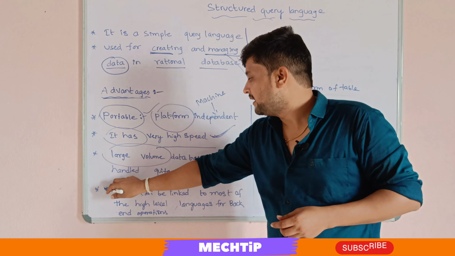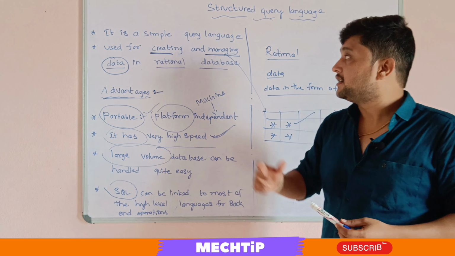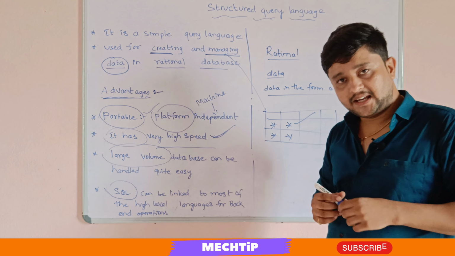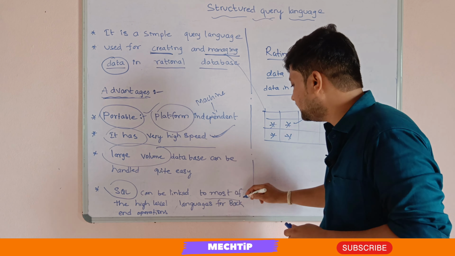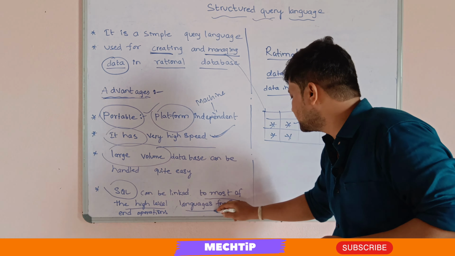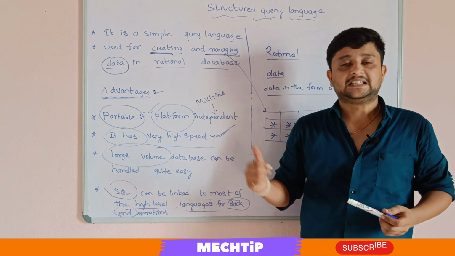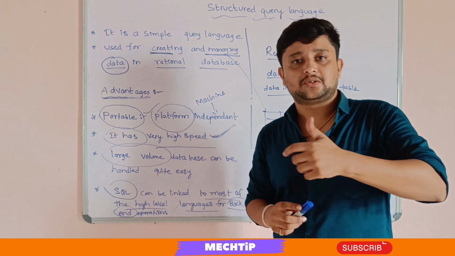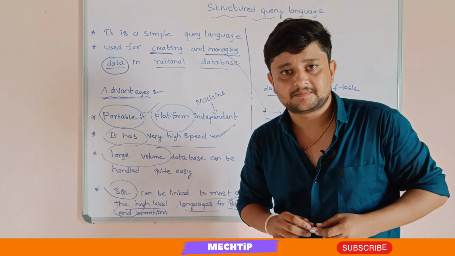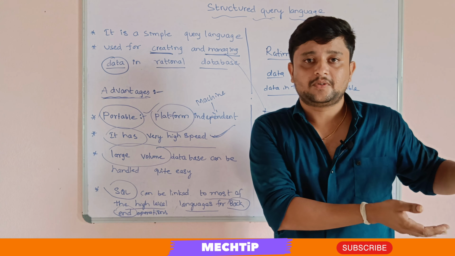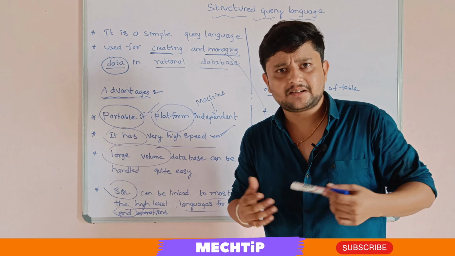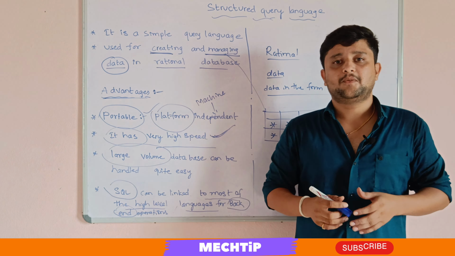And the last one: SQL, which means structured query language, can be linked to most of the high level languages for back-end operations. So this language is linked to high level languages for the performance of back-end operations. What do back-end and front-end mean?